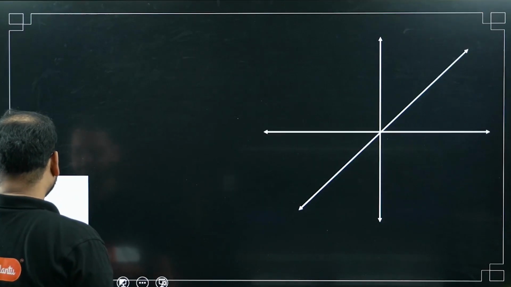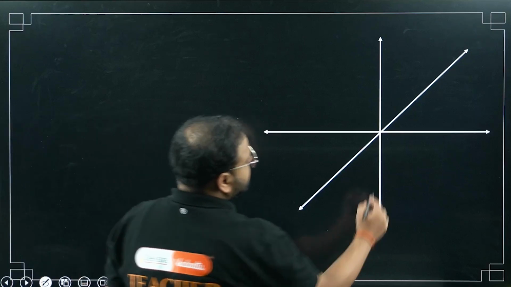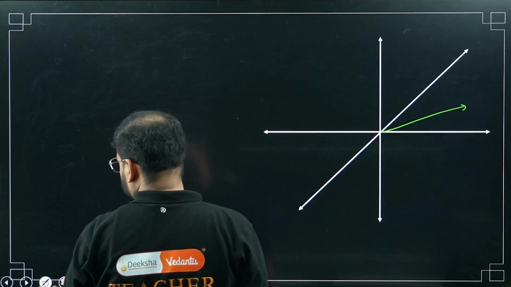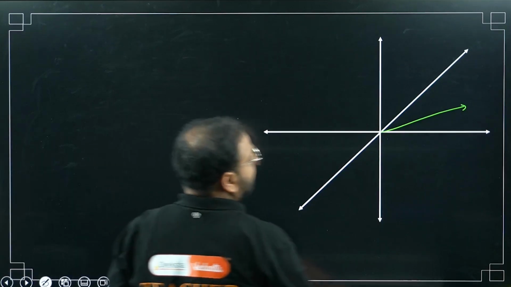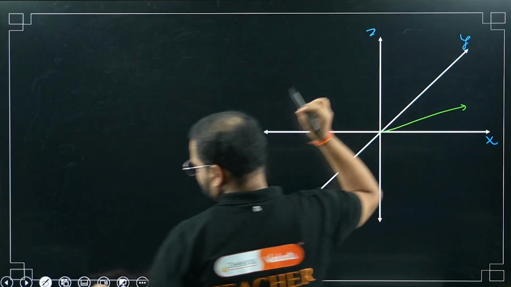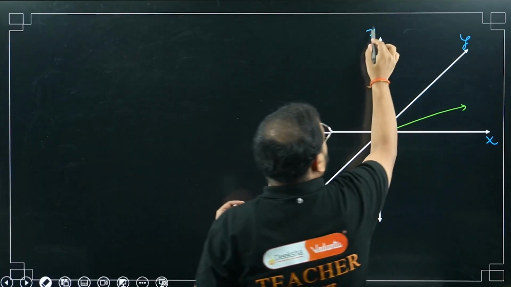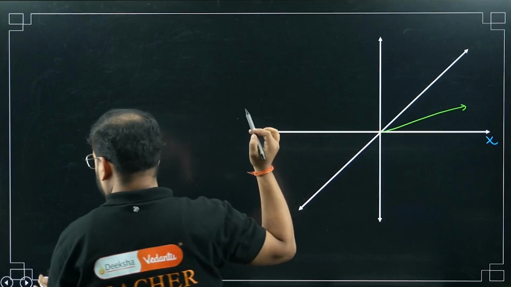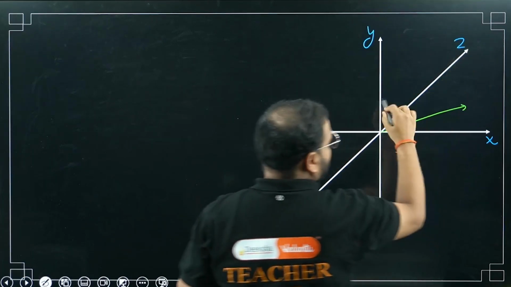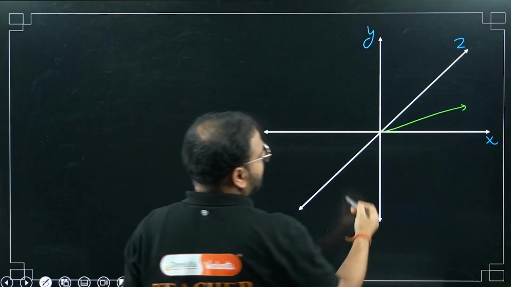So if this is my vector A, let's say, then what are the projections? If this is the x-axis, this is the y-axis, and this is the z-axis, all of these are perpendicular to each other in 3 dimensions.